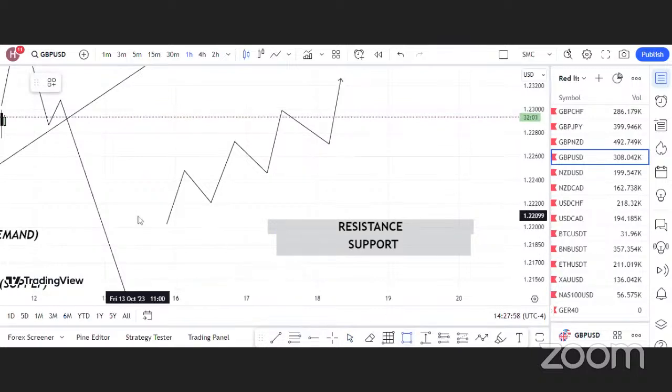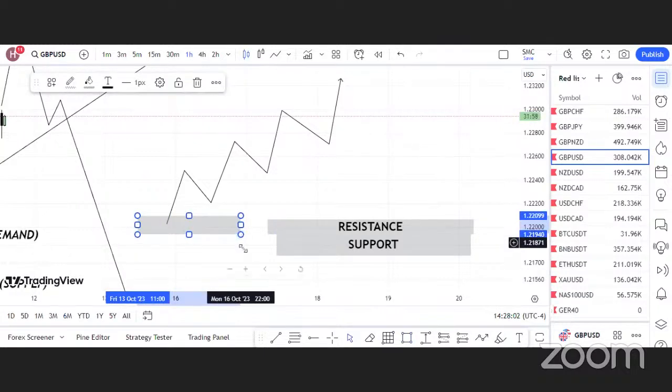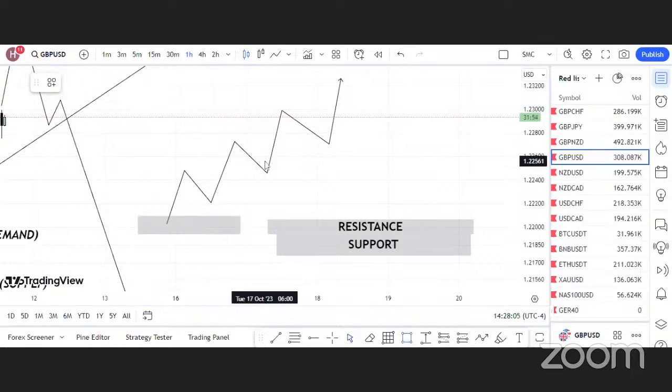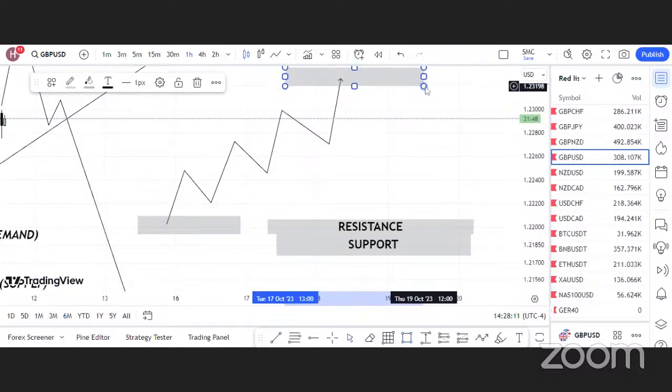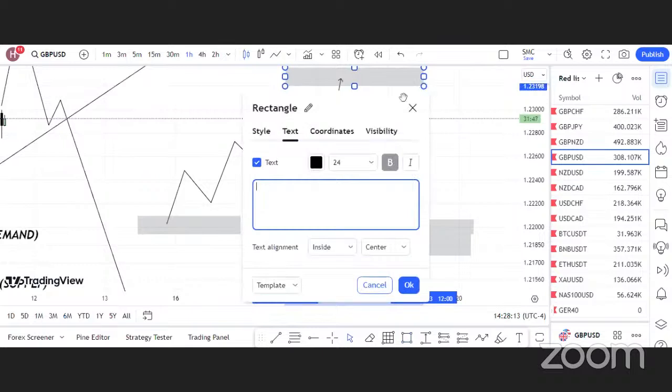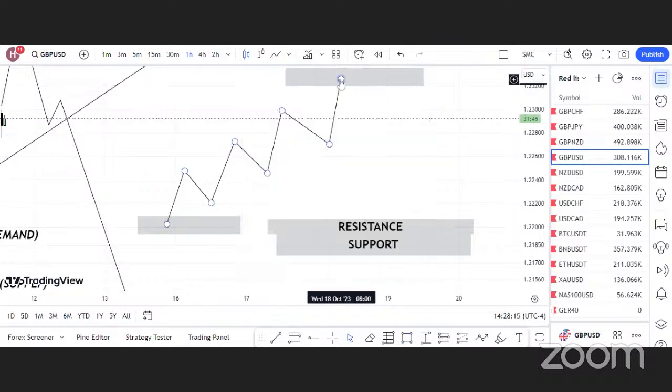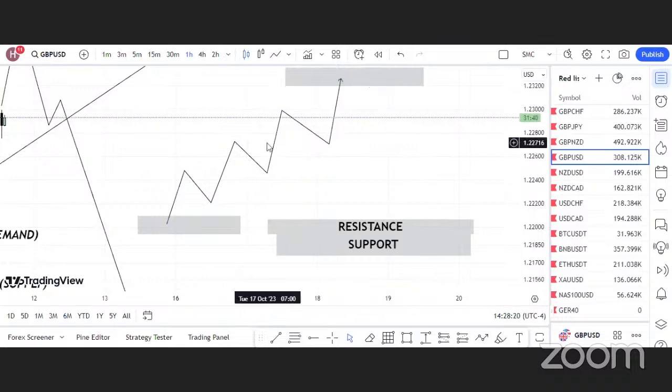So this is your support, because when the market got there, the market started moving to the upside. Then you have your resistance here. When the market got here, the market paused. So this market is expected to go down because this is a resistance area and this is a support area.